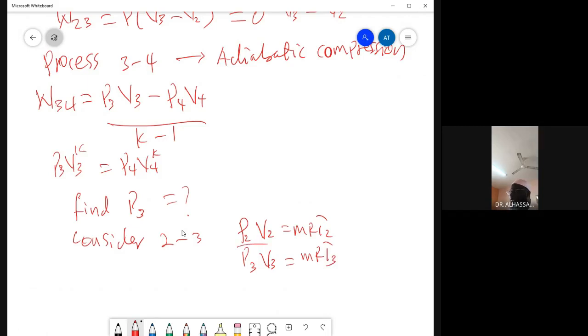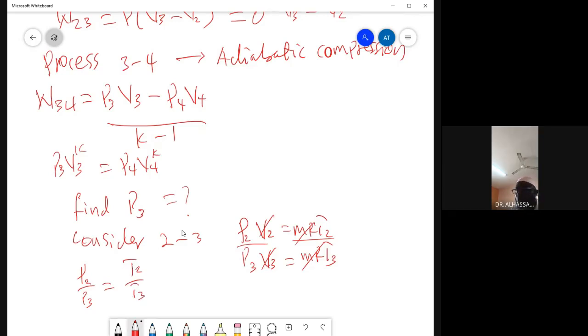If I divide these two equations, this is a constant volume process, so this and this will cancel out. Eventually, I'll be left with P2 over P3 equals T2 over T3.